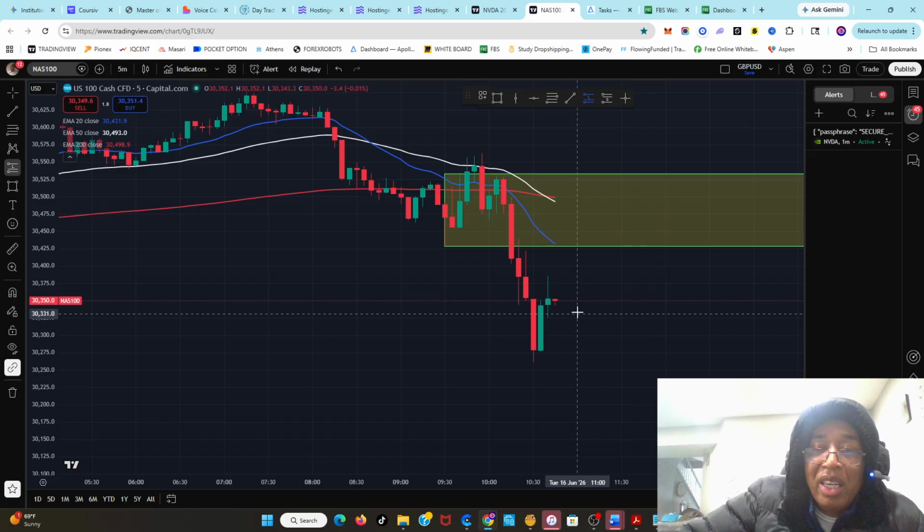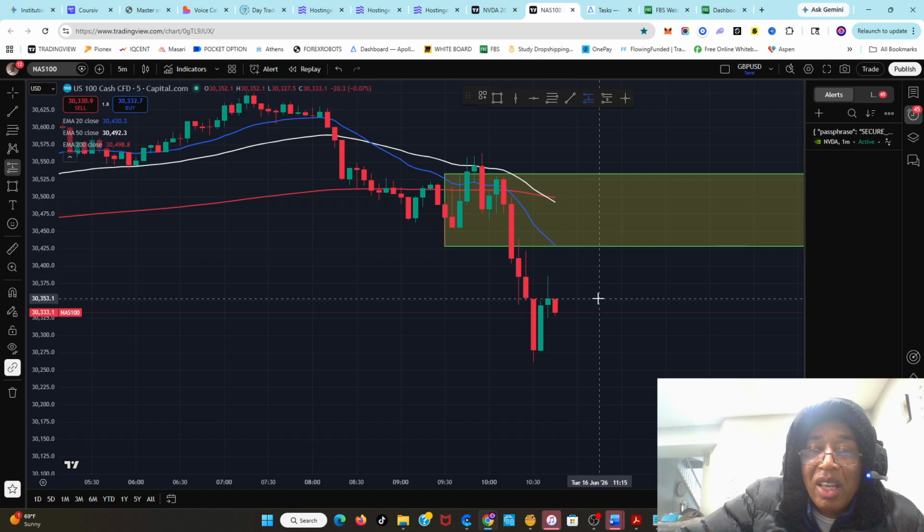So you guys can see our confirmation literally shows that we are still going to the downside. You can see what's going on. That candle here didn't show a strong bullish movement. Instead, we're having a candle forming, breaking to the downside.